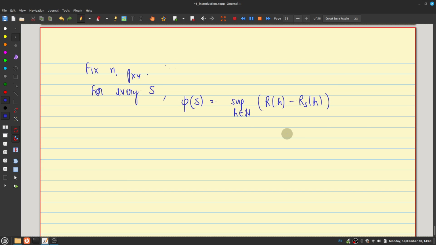Now the first point is that all the randomness in this is coming from the training set, which are IID. The samples are all IID, and even though this can be represented as a sum of IID random variables, because of this supremum, phi of S is not a sum of IID random variables anymore, because I have a supremum over all possible h. For a given h, this quantity is a sum of IID random variables. The first claim is that phi of S has the bounded differences property.